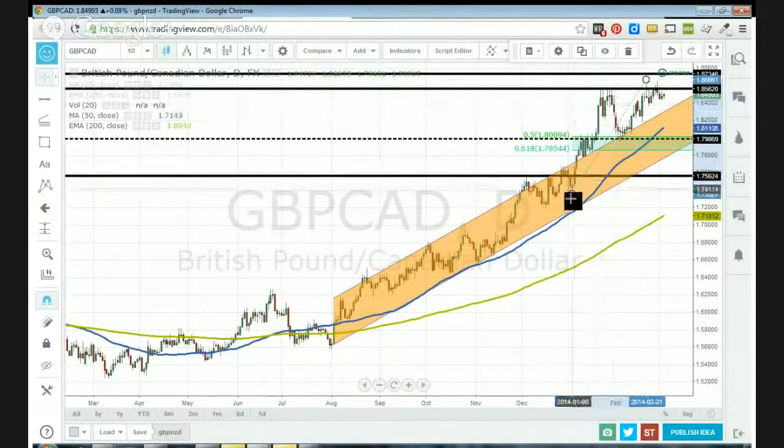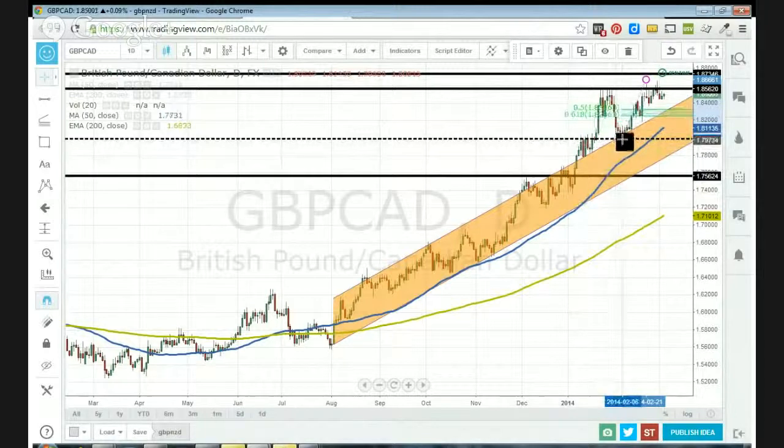Okay, so that's the Fibonacci, and we can actually move this one from this swing low. Still though, I mean, I don't know. At least, really, yeah, this line here.